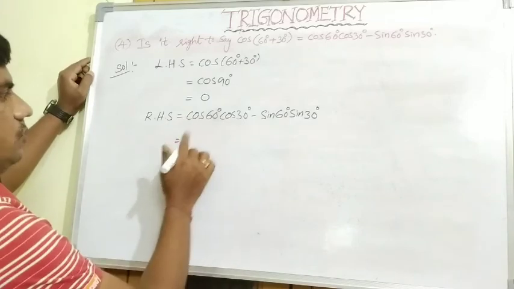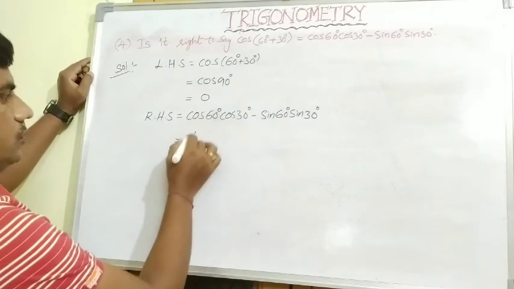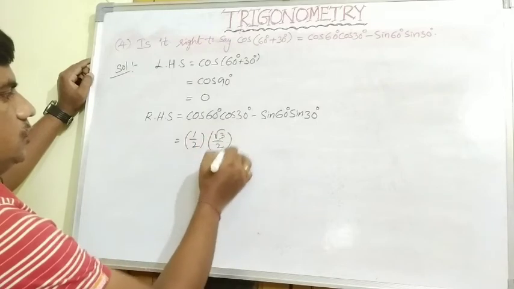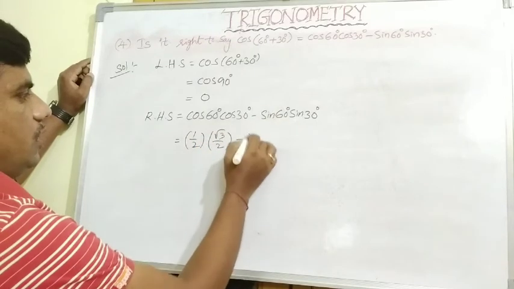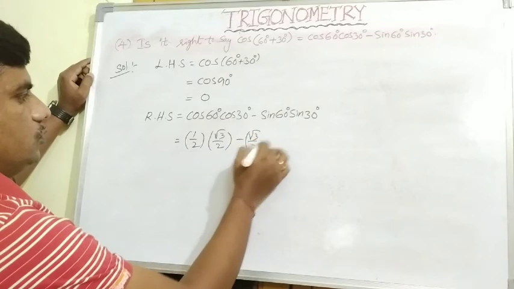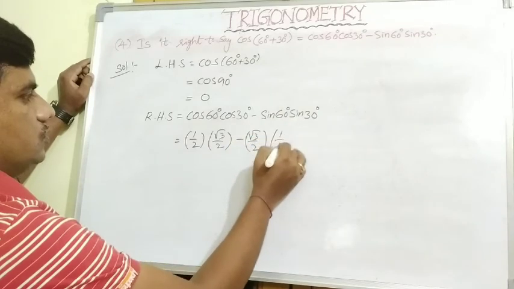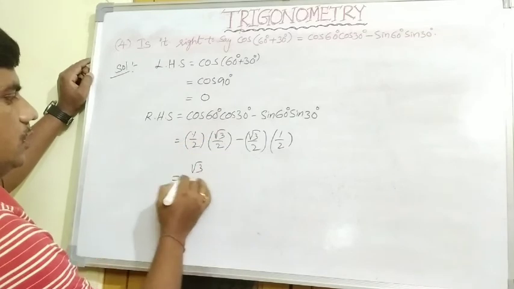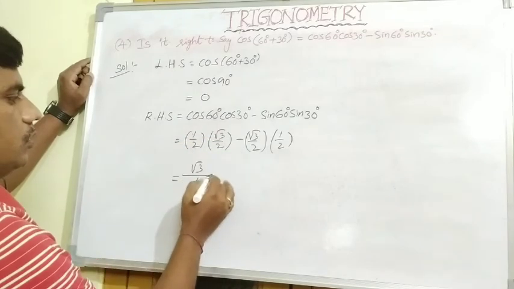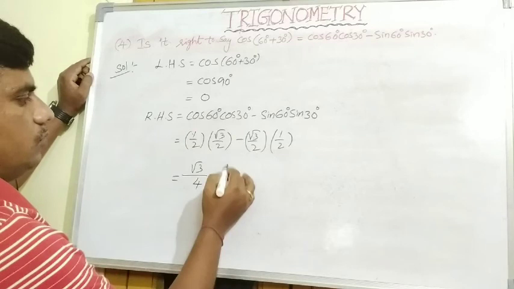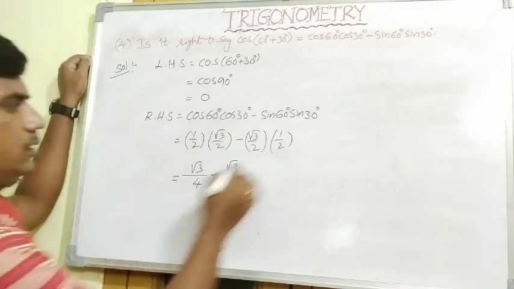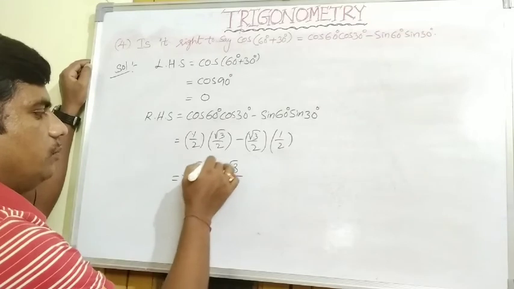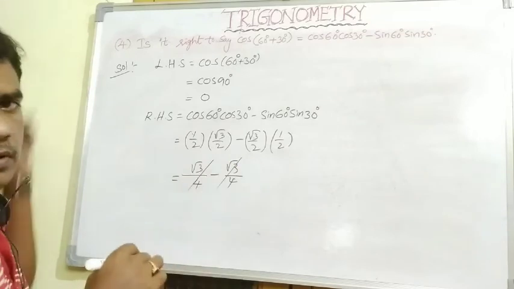Cos 60 is 1 by 2, into cos 30, which is root 3 by 2, minus sin 60, which is root 3 by 2, into sin 30, which is 1 by 2. So root 3 by 4 minus root 3 by 4 gets cancelled.